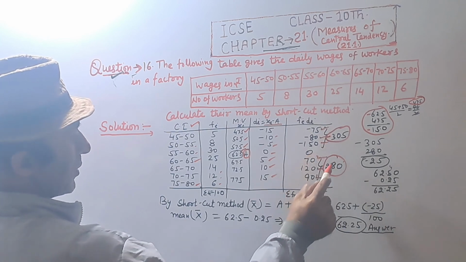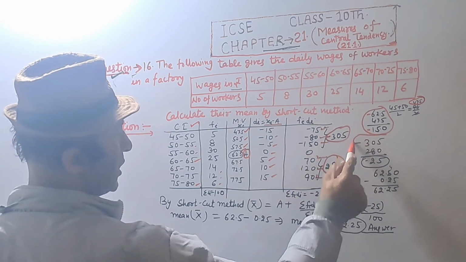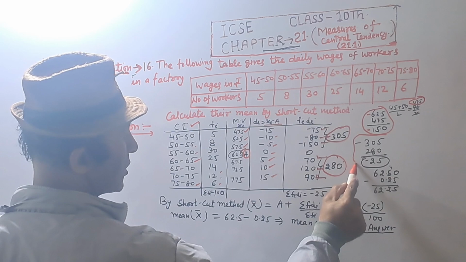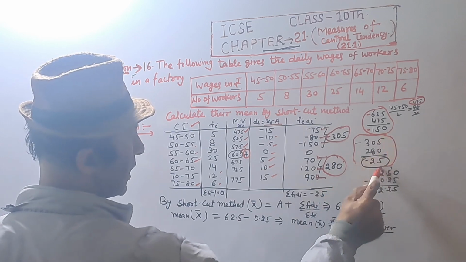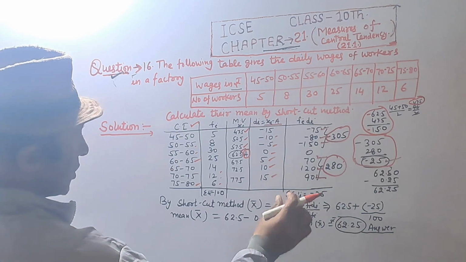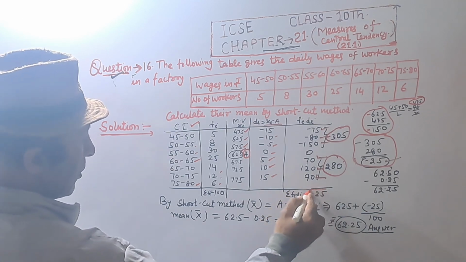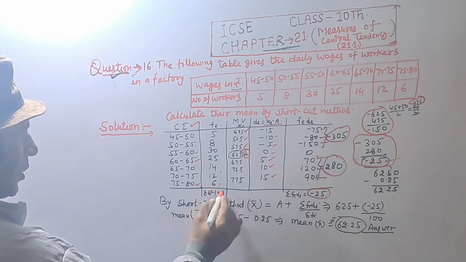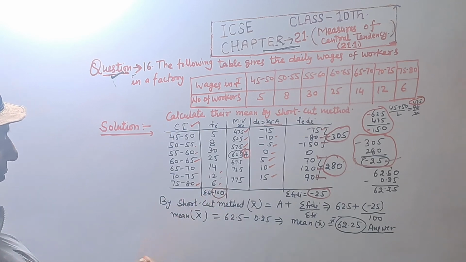Negative and positive: minus 305 plus 280 equals minus 25. So sum of fi di equals negative 25 and sum of frequency equals 100.